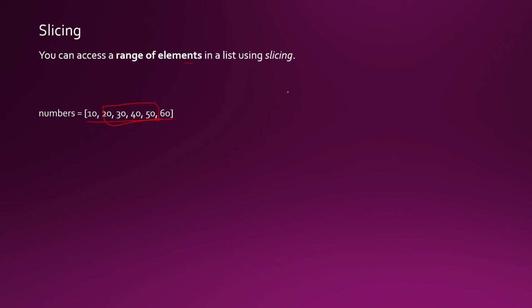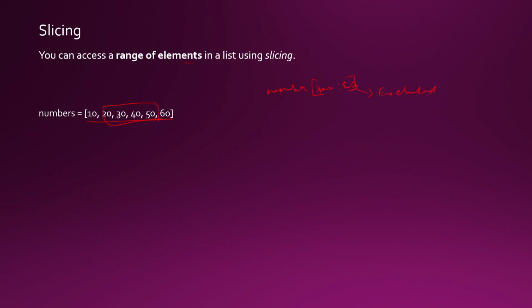And how do we perform slicing? Just like in string, we have to mention the name of the list, and within this we have to put our start position colon end position. And always remember, like string, in list also this end position gets excluded.